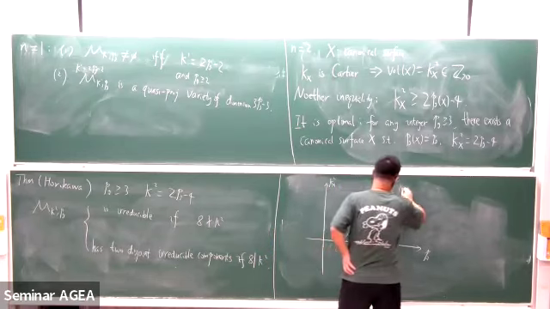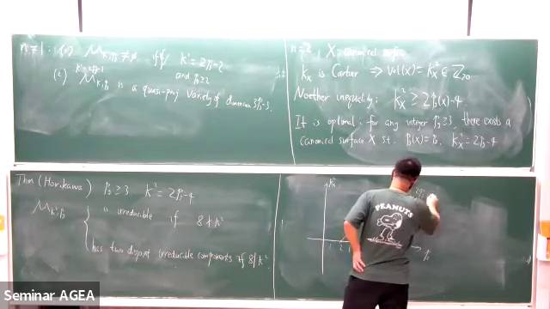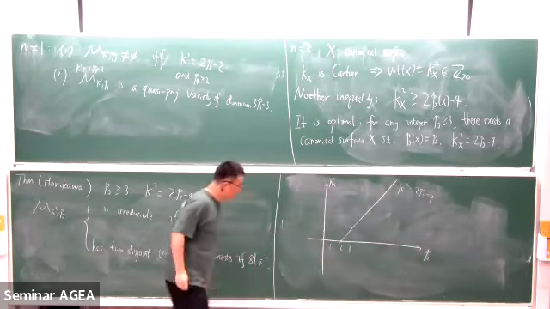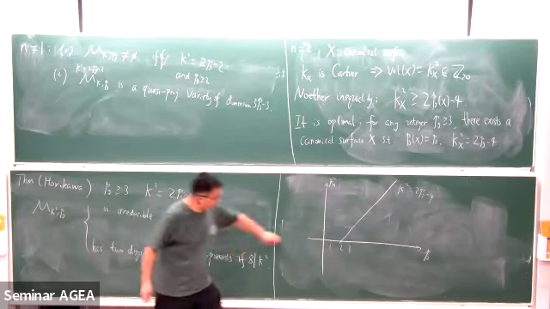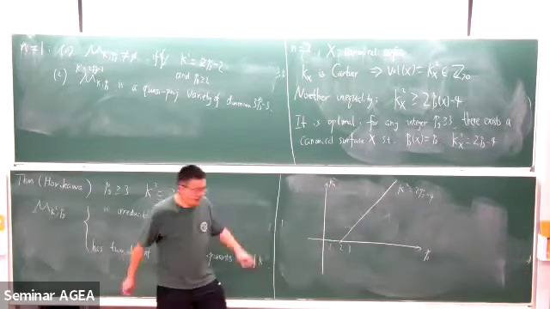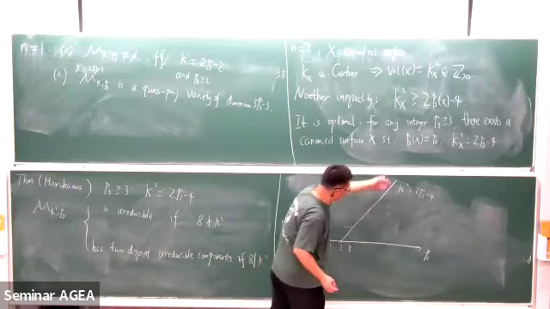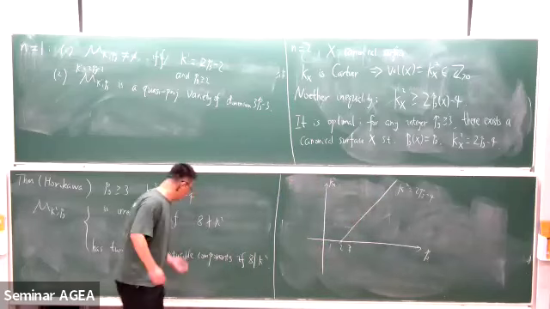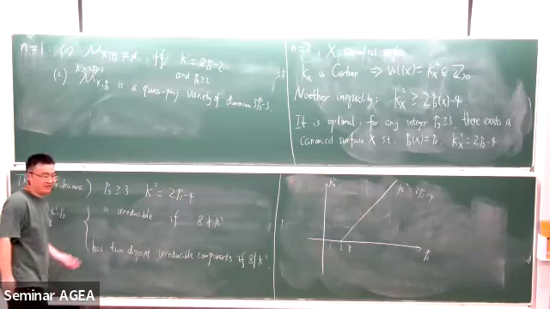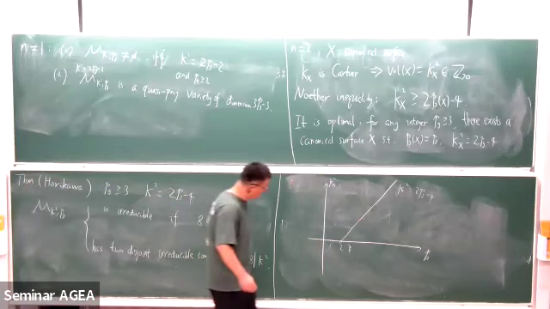This is the Noether line. So for the case when p_g is larger than or equal to 3, and the surface is on this line, the geometry of this moduli space is clear.